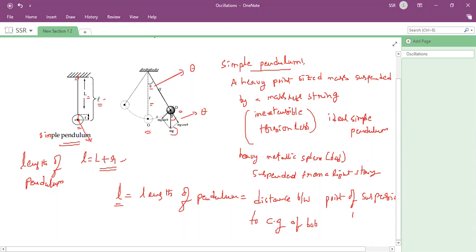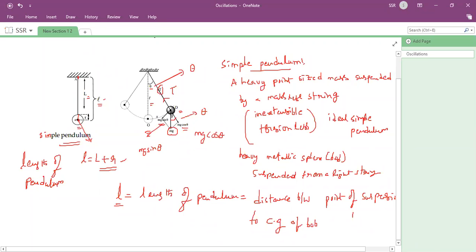The weight mg of the bob is resolved into two components: mg cos theta along the length, and mg sin theta perpendicular to it. You can see a tension T acting along the length.